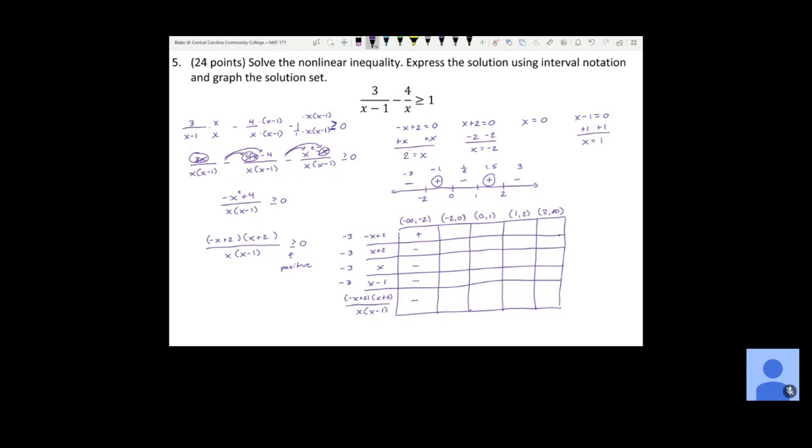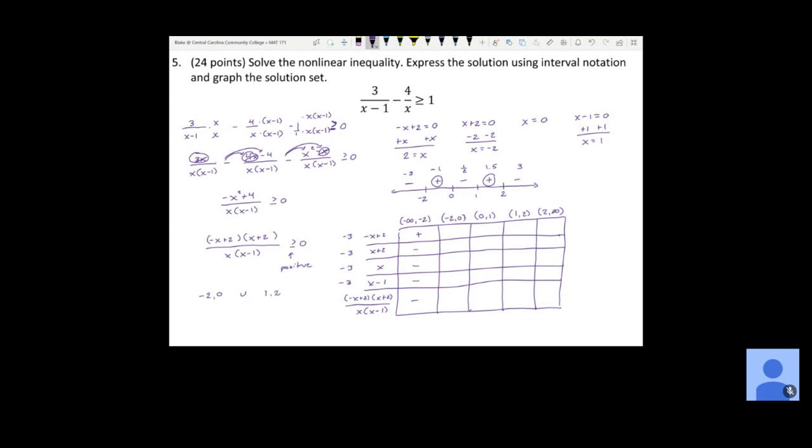So what are those intervals going to look like then? Okay, so from -2 to 0 is the first interval. Then we need our union, and then we're going to go from 1 to 2.